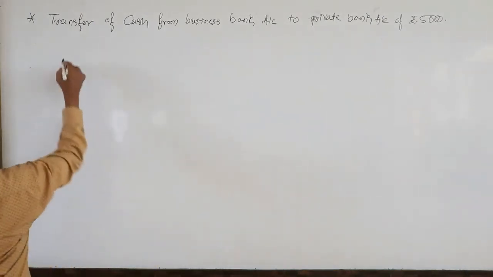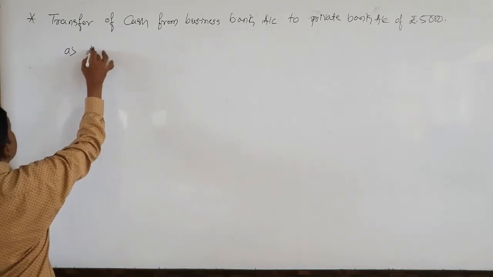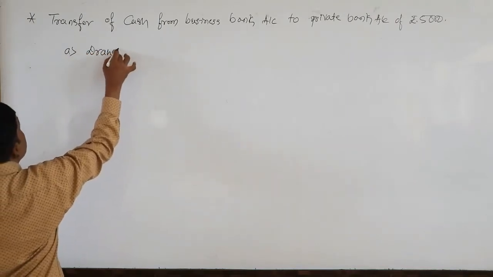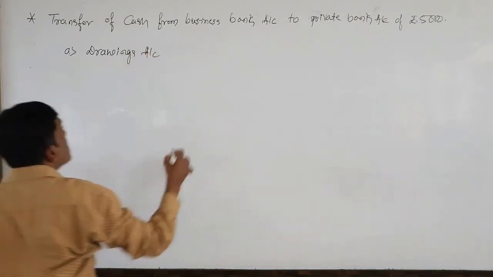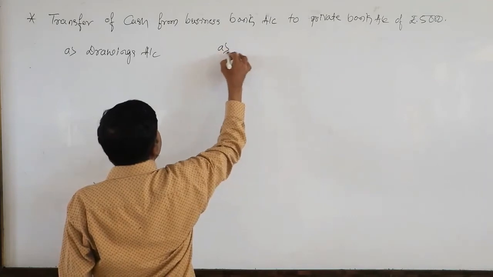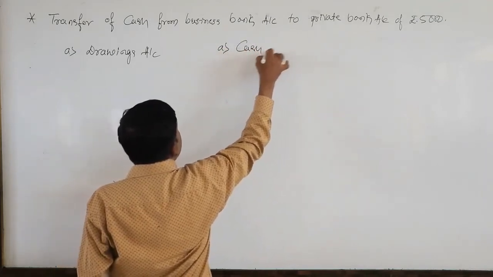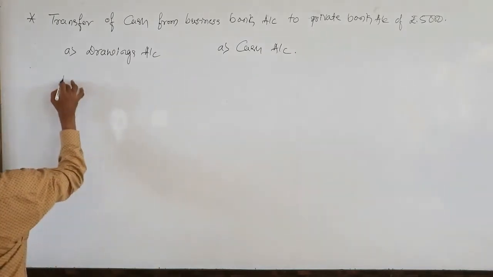So as for this rough book entry, the first one is drawings account. Second one is cash account.